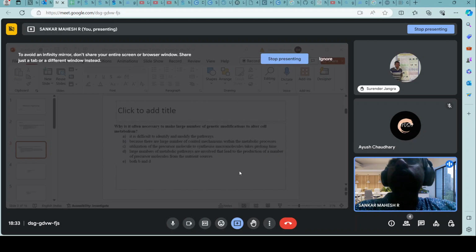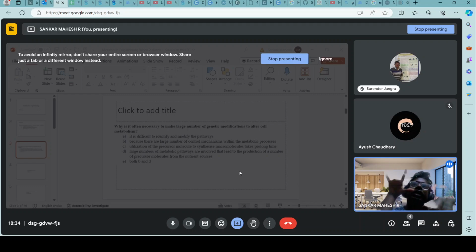So this one also, I think it is right. Large numbers of metabolic pathways are involved that lead to the production of a number of precursor molecules from nutrient sources. Just like there are many control mechanisms for one particular metabolite to be synthesized, similarly there are many mechanisms to synthesize.